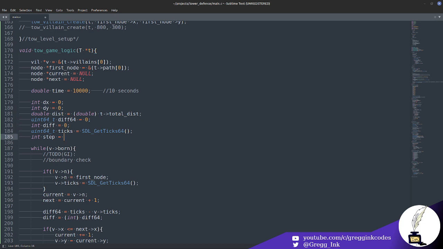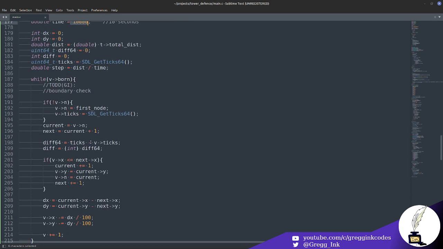So the steps are how much the villain needs to progress, how much it needs to move forward, and that is gonna be the dist divided by the time. Yeah, that's how much it needs to move forward. And the time is in milliseconds. The ticks are in milliseconds.